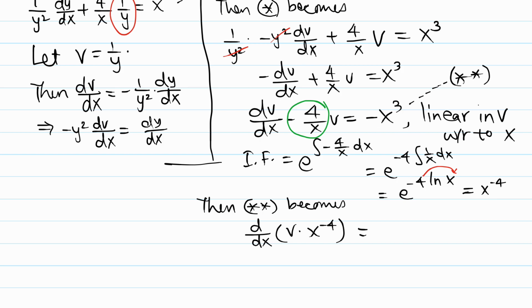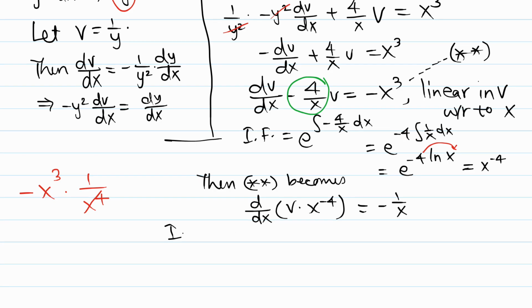We got negative x cubed on the right, and we are multiplying by x to the negative 4. X to the negative 4 is in fact 1 over x to the 4th. Okay, three copies of x from top and bottom cancel, negative 1 over x. Now we integrate both sides with respect to x.